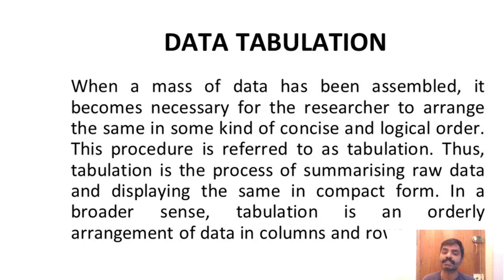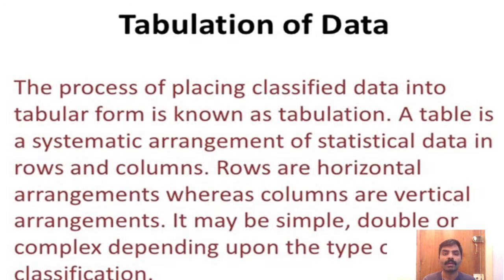Thus, tabulation is the process of summarizing raw data and displaying the same in compact form. In a broader sense, tabulation is an orderly arrangement of data in columns and rows. Tabulation of data is the process of placing classified data into a tabular form.